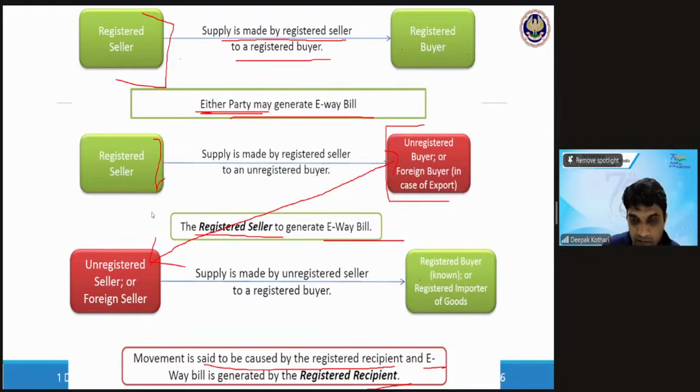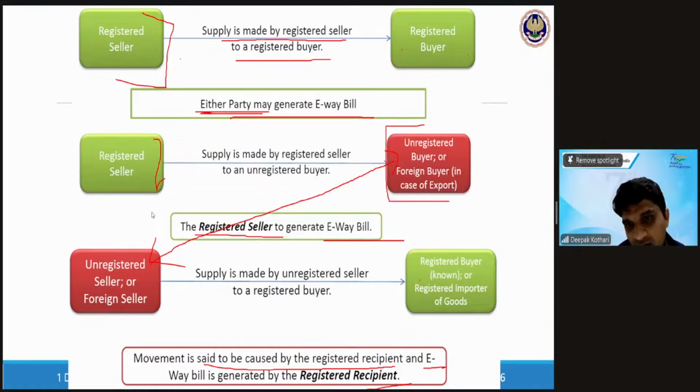Generally, an e-way bill will not be required, but the transporter will have that responsibility to raise the e-way bill if the value exceeds 50,000 rupees. If the value of the goods is less than 50,000, then the e-way bill will not be required because the threshold limit is there. The intrastate concept will not apply because he's not registered.